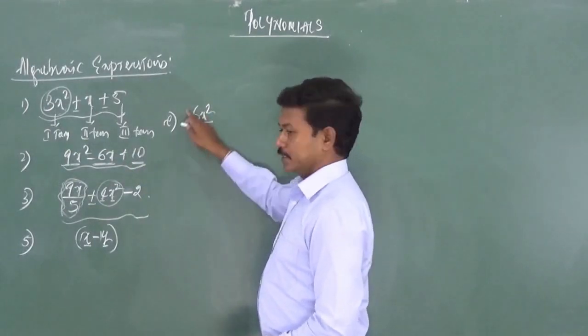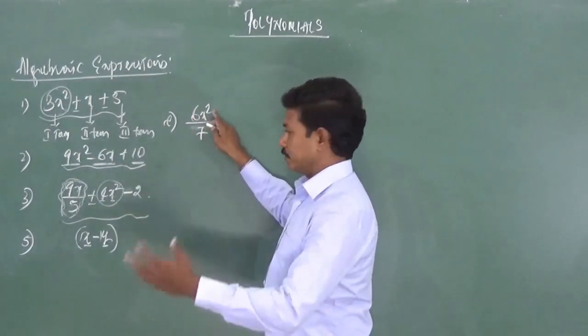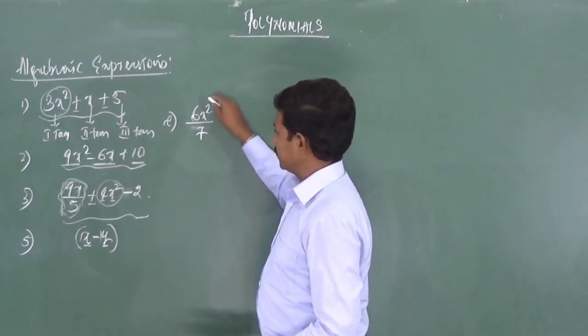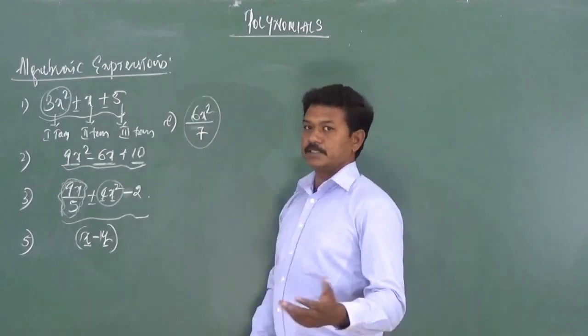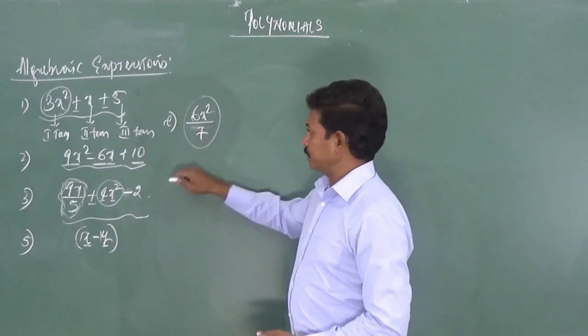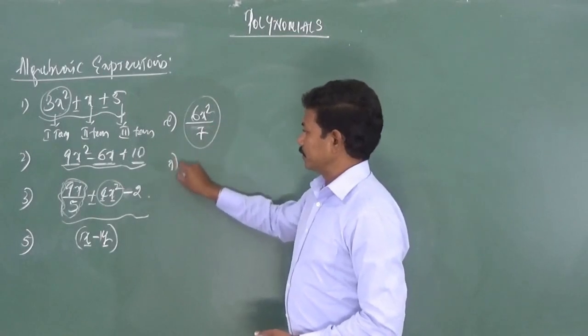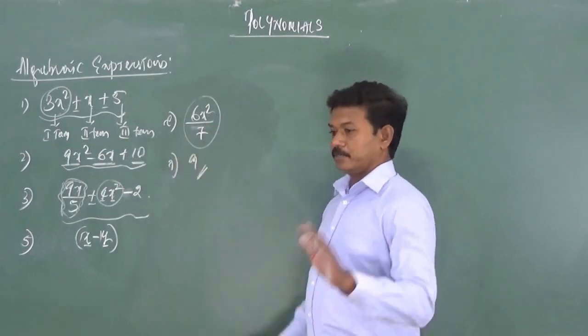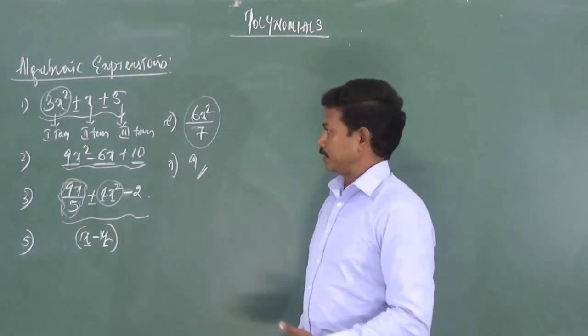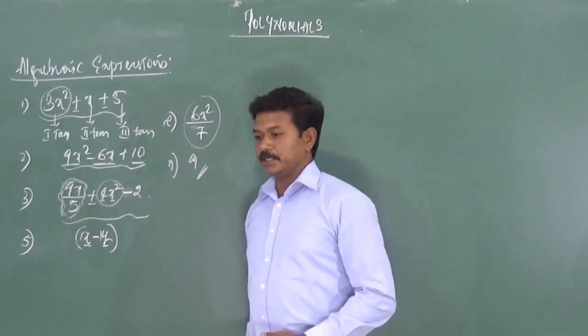Taken together it's a single term, because 6x square is not different and 7 is not different. When a term gets divided by another term, we have to consider the entire thing as a single term. Then I write just 9. This is also an algebraic expression, right? So these are all examples of algebraic expressions.